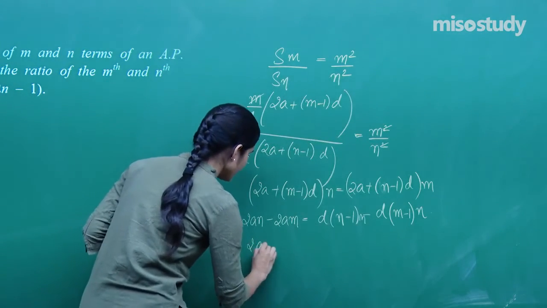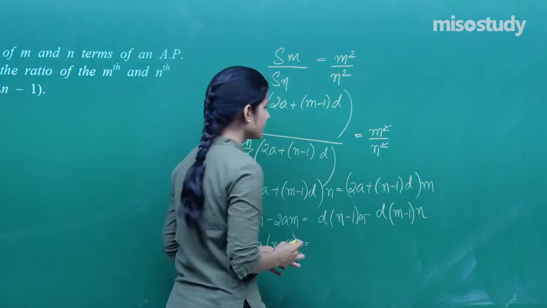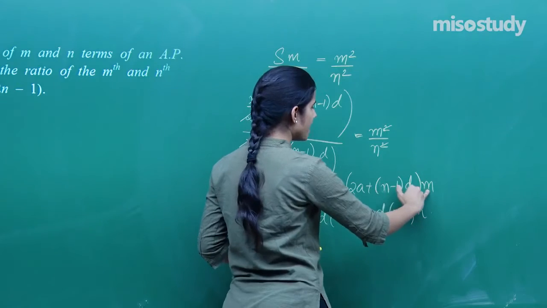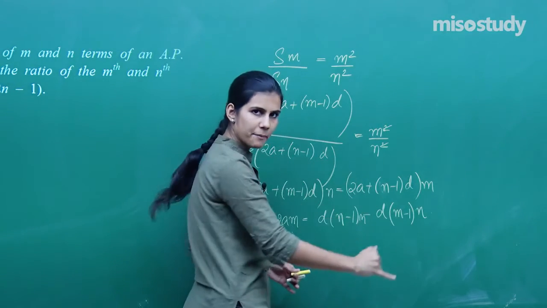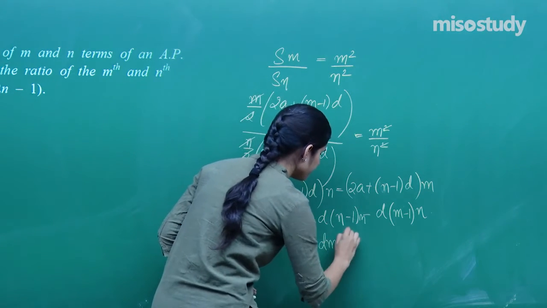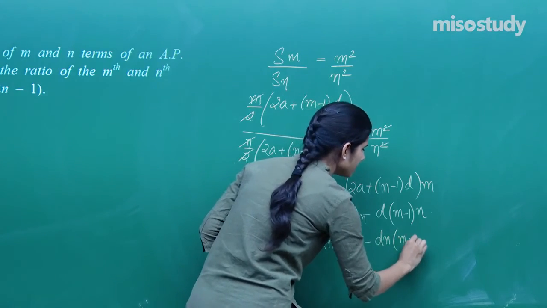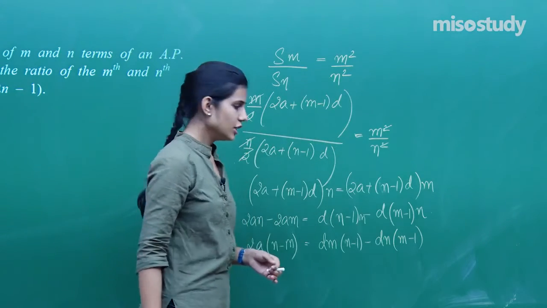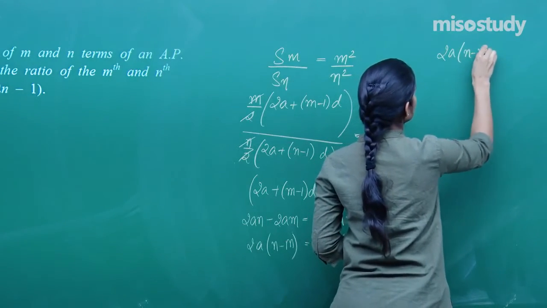This gives you 2a n minus m, and this gives you what? Eventually you get d m n minus 1 minus d n m minus 1. You just need to sort this out. This is 2a n minus m.